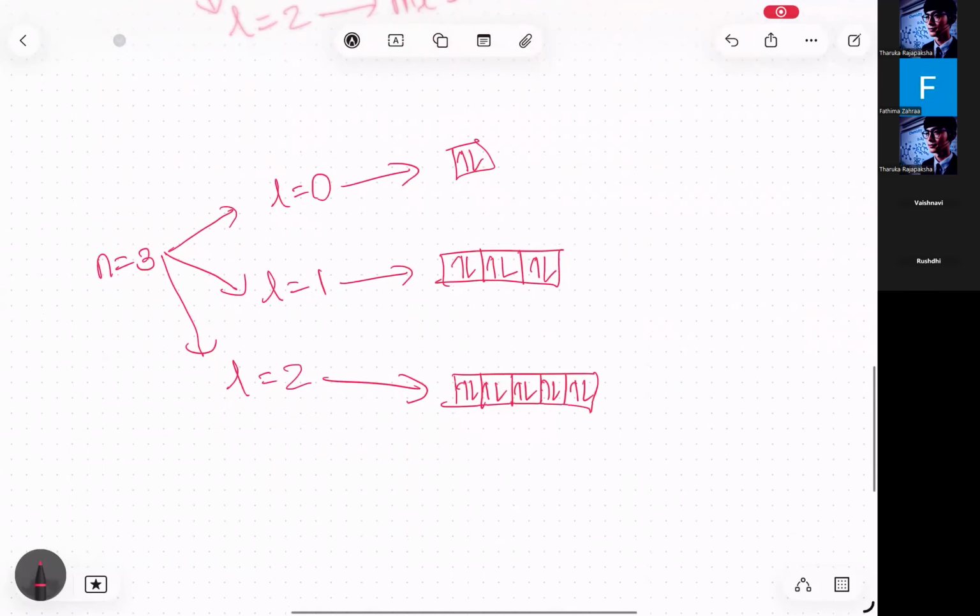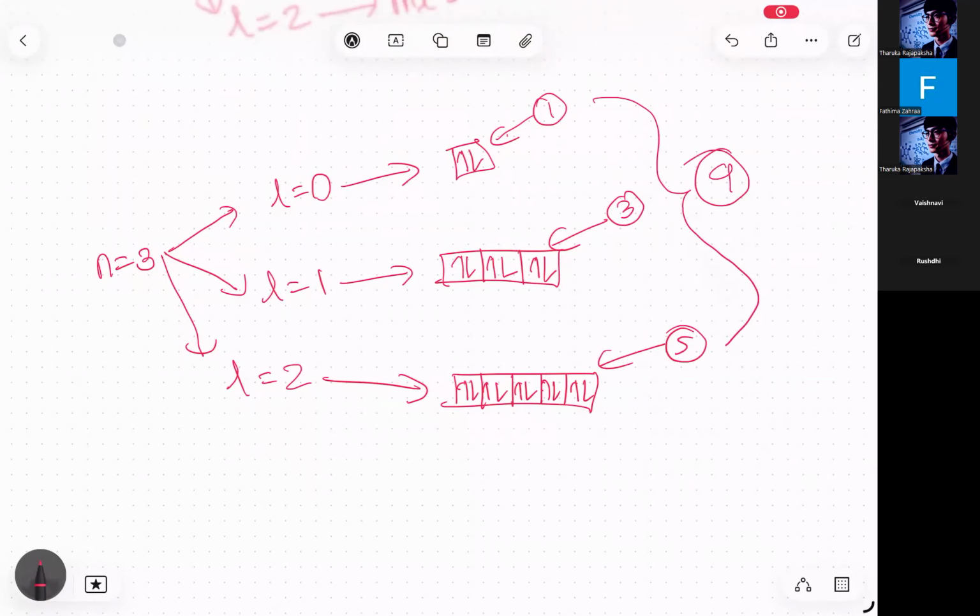Right? How many electron pairs then? There's 1 electron pair here, 3 electron pairs here, 5 electron pairs here. Then altogether 9 electron pairs.